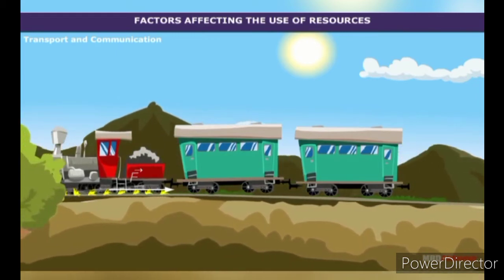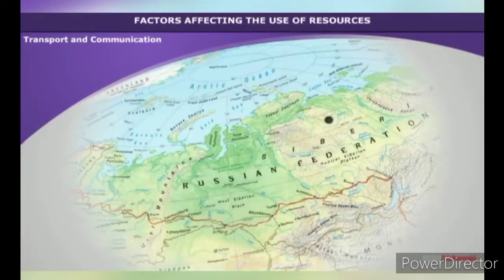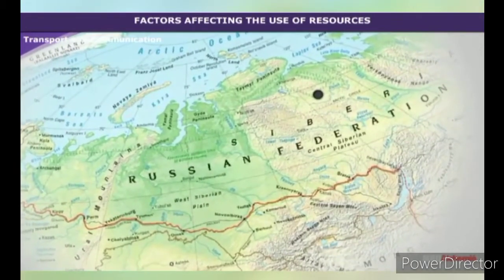Transport and communication play a crucial role in covering the areas. For example, Siberia in Russia has huge resources, but due to the lack of transport and communication, these resources cannot be exploited. It is only recently that human settlements have appeared in some parts of Siberia.